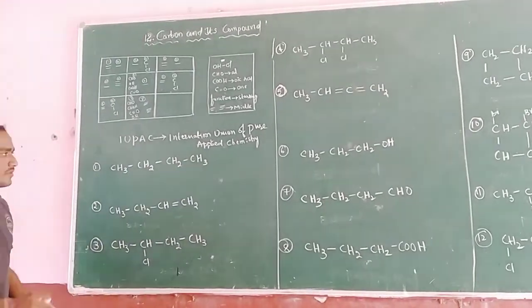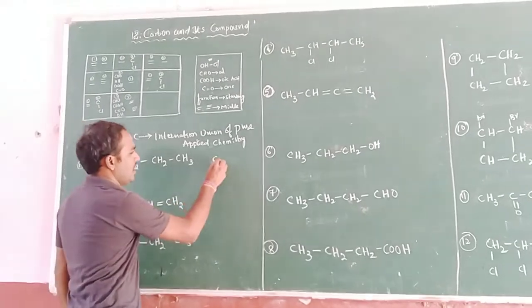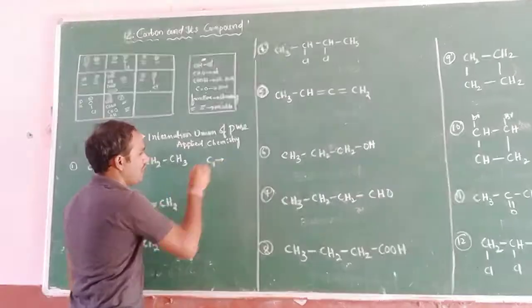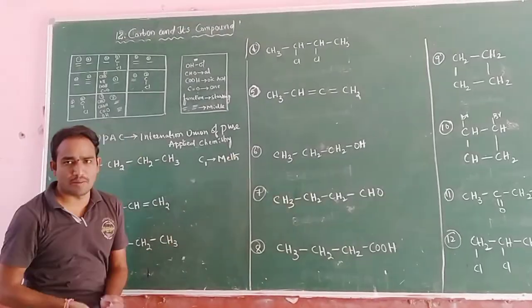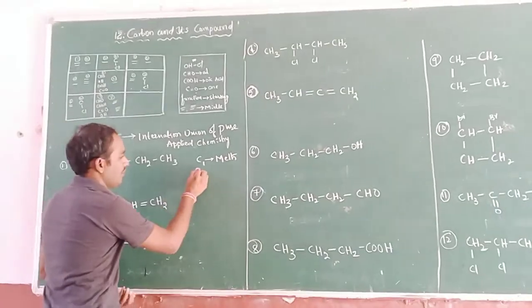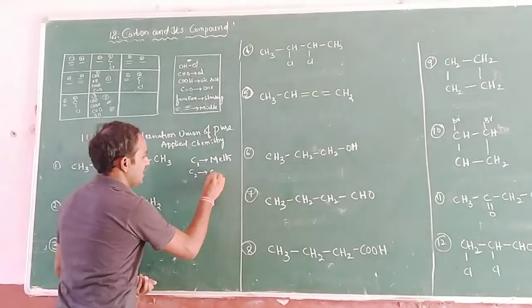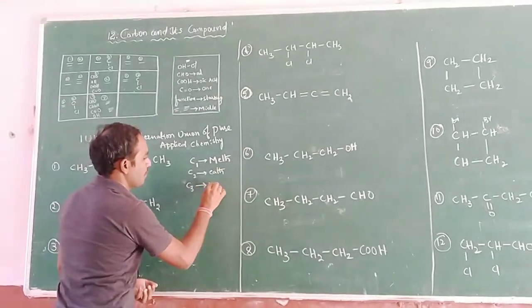So here we know this, according to the IUPAC system, it is the number of carbons. If the number of carbons is 1, we say meth, and if the number of carbons is 2, that is eth. Number of carbons 3 is prop.